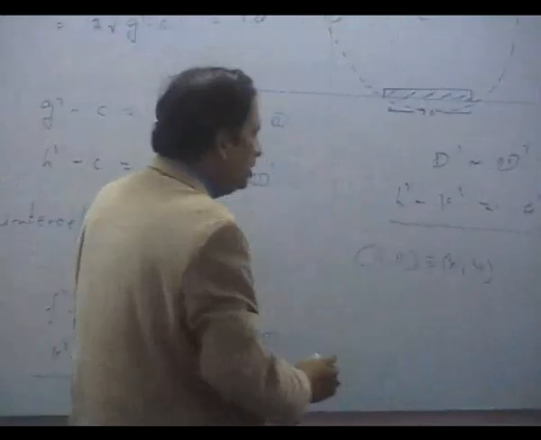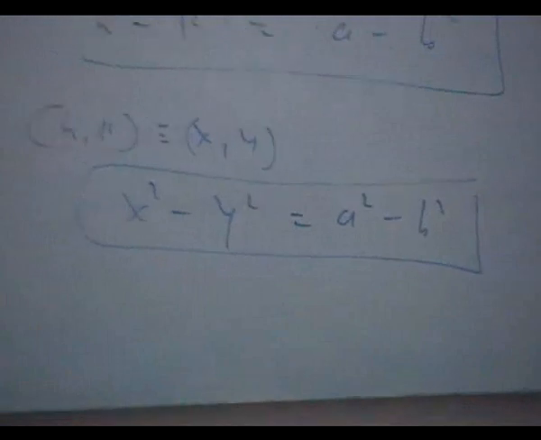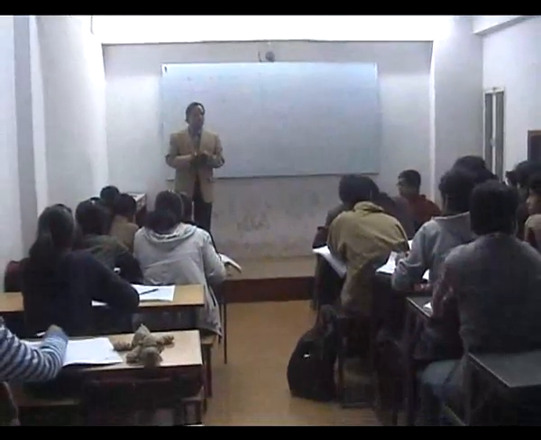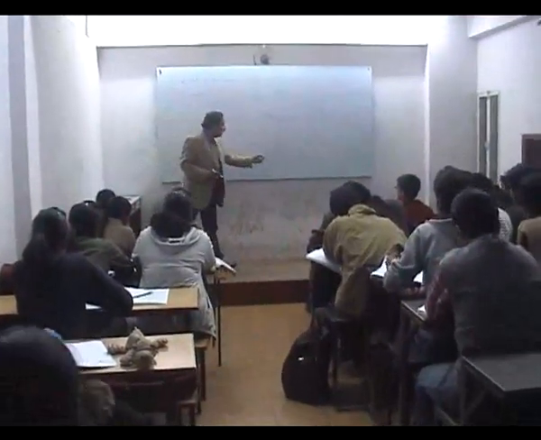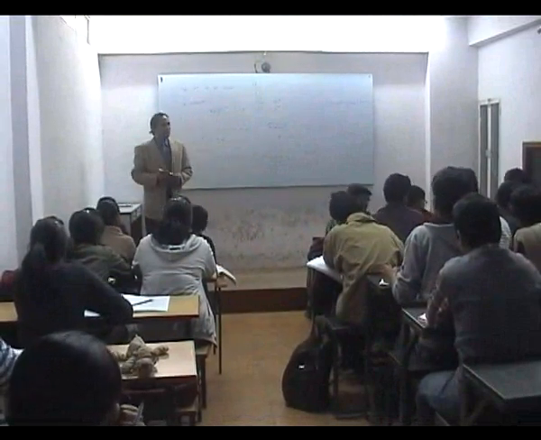So we find here that x square minus y square is equal to a square minus b square, which is the required locus. This is the equation of the locus. Okay? The equation of locus is x square minus y square is equal to a square minus b square.